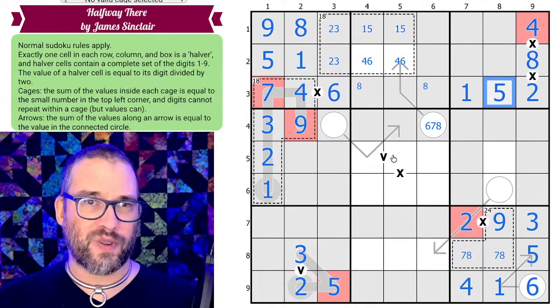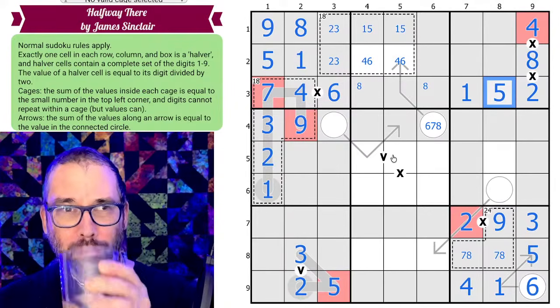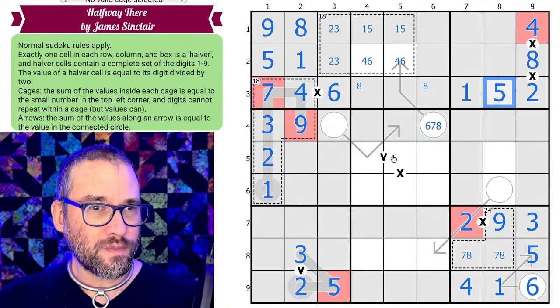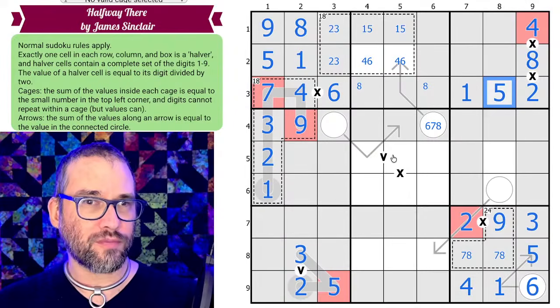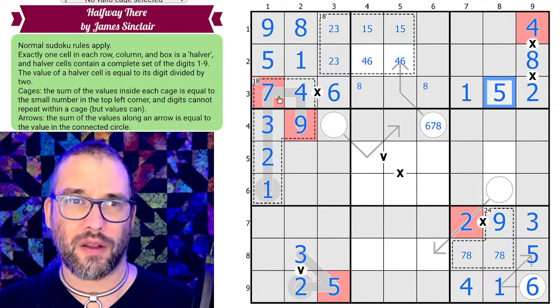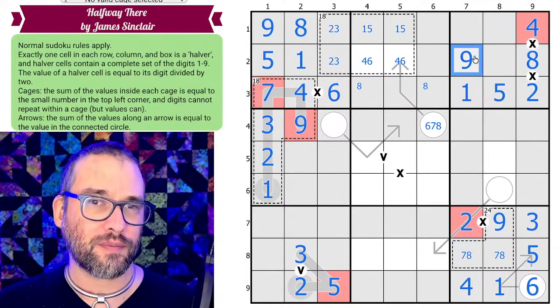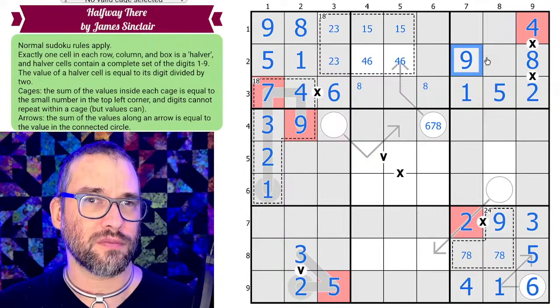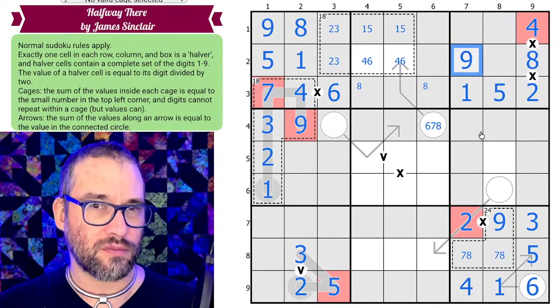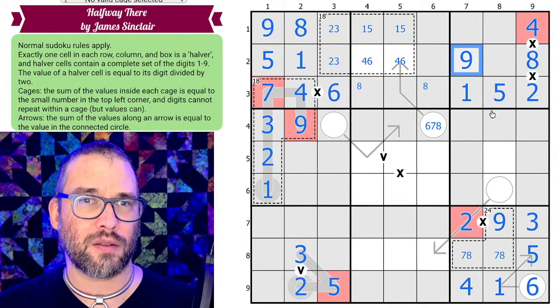By good old Sudoku. 9 in box 3 here. Let's see.